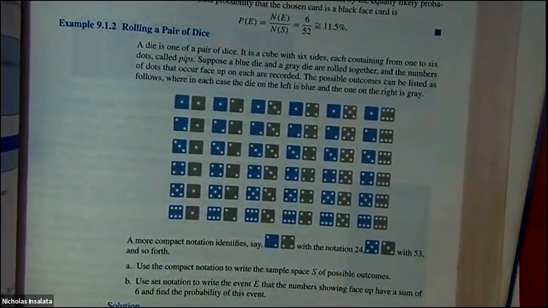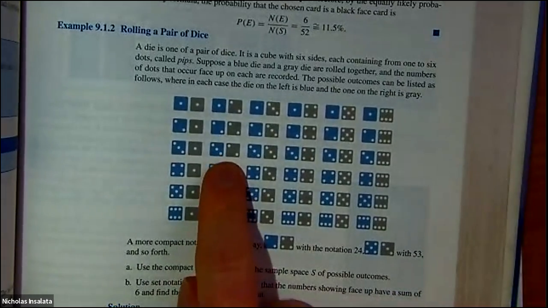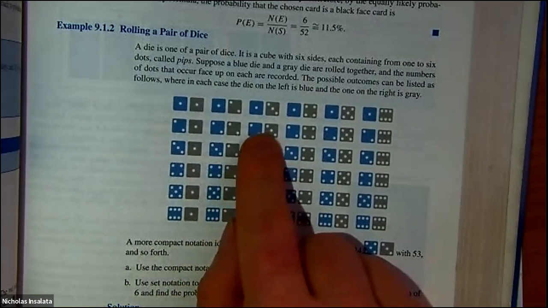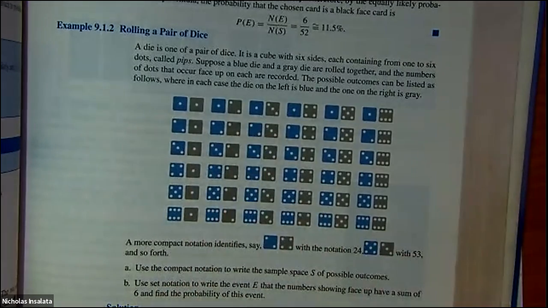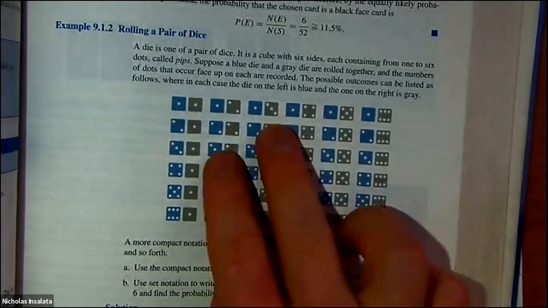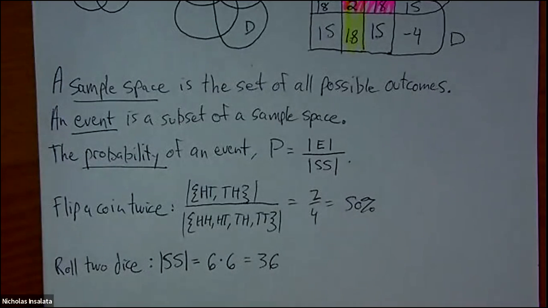That's great. And in this particular example, these are colored dice. So 3 on the blue and 2 on the gray is different than 2 on the blue and 3 on the gray, because the dice have different colors. In other words, order does matter in this particular example. Maybe with a game like Monopoly, order doesn't matter. You have 2 dice that are the same color, and it doesn't matter which die is which.